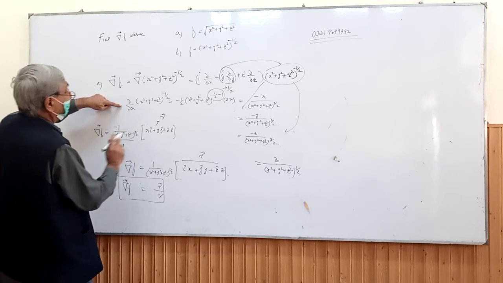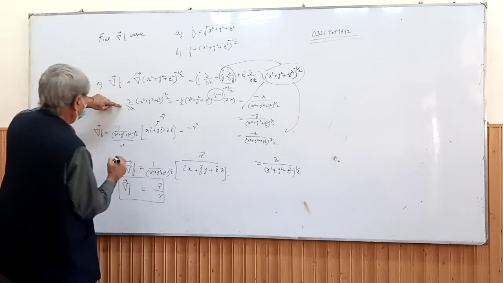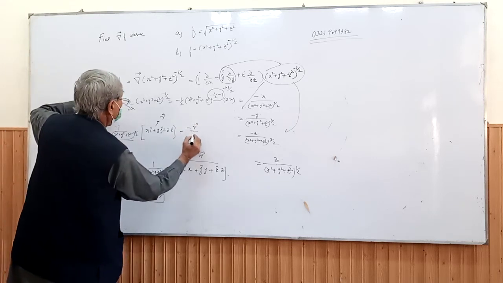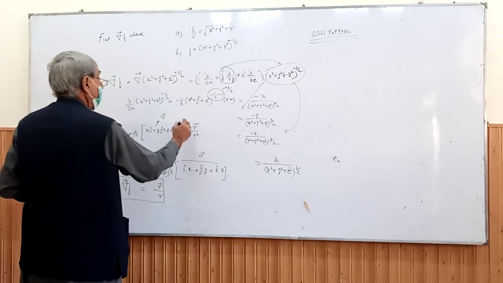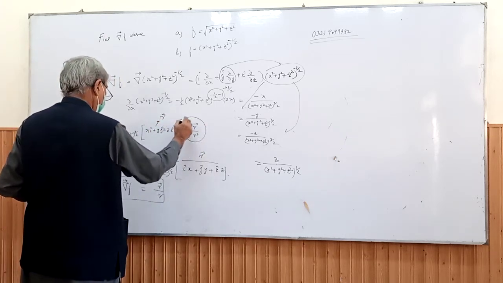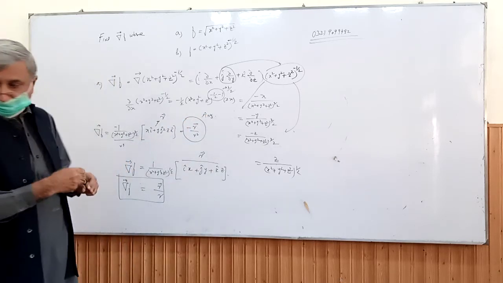So this is the r vector with a minus sign divided by r cube. Okay, that is the answer of the second part.